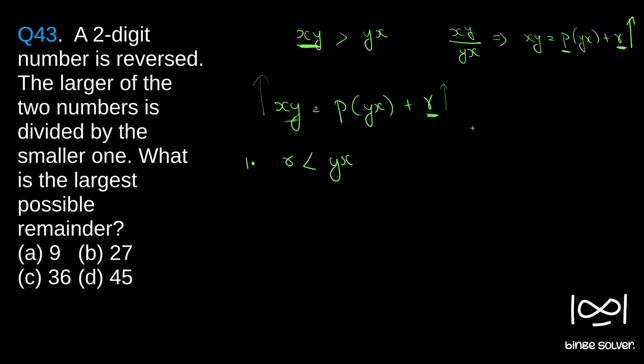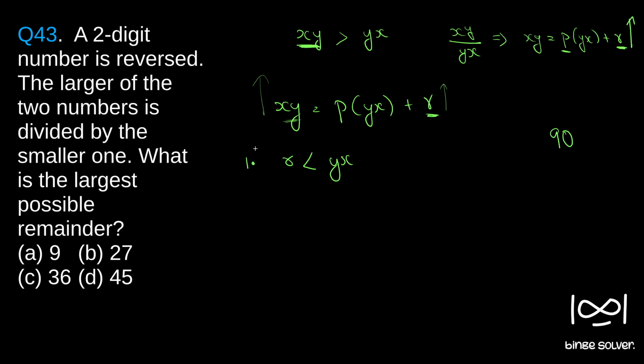If you think of a large number for xy, something greater than 90, let's randomly choose 90.